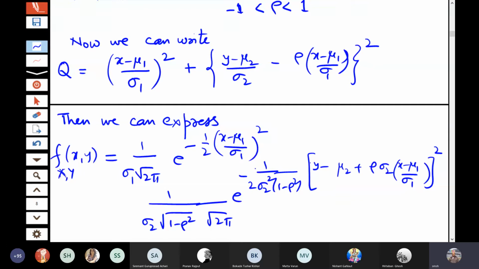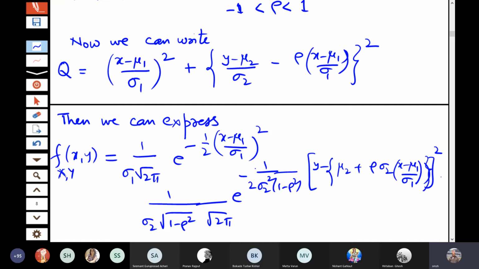Now suppose I want to integrate this with respect to y. I want to get the marginal distribution of x. Then I will integrate this with respect to y. The first term that I have written will not be integrated because that is involving only x. The second term is looking like a density function of y with a mean mu2. I think I have missed out a sign here.